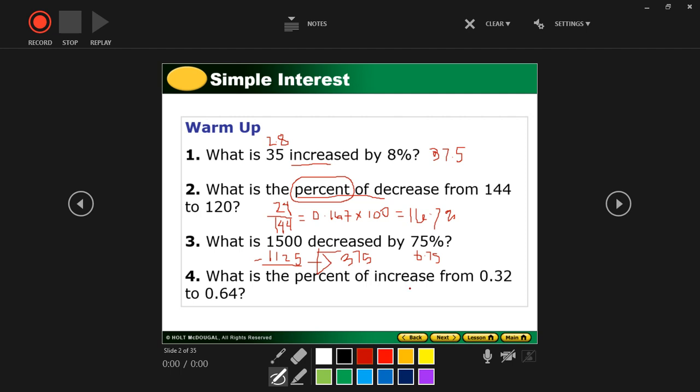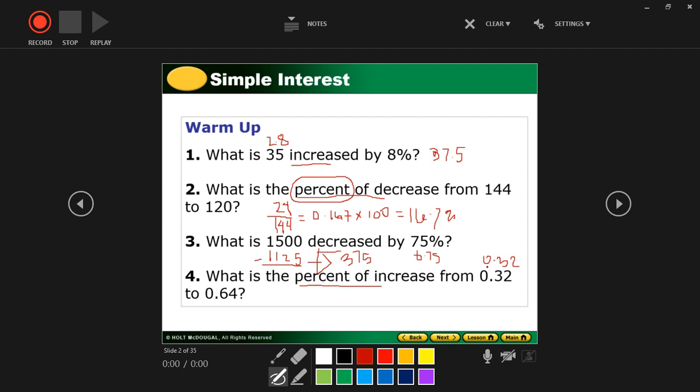Okay, next. What is the percent of increase? Earlier it was percent of decrease. This time, percent of increase, from 0.32 to 0.64. So how much did we add to 0.32 to make it 0.64? That is 0.32 again. Now, 0.32 is what percent of 0.32?